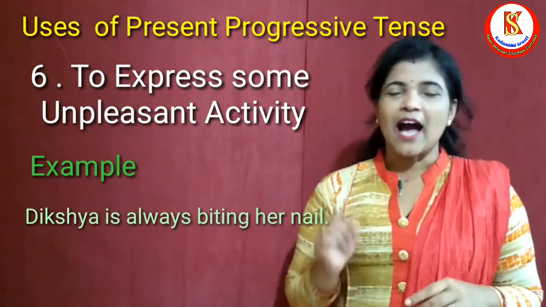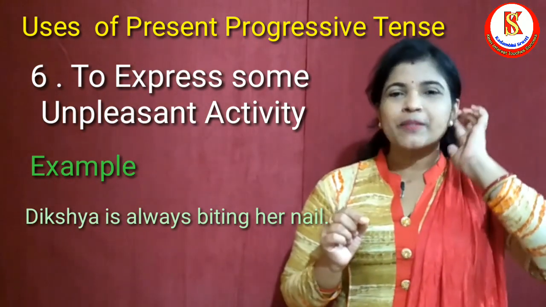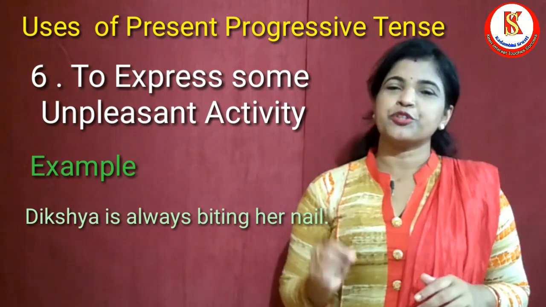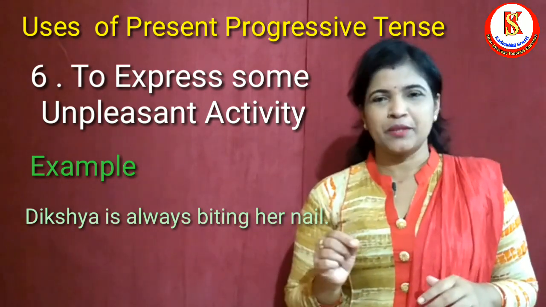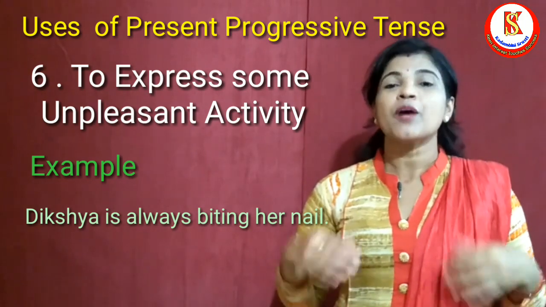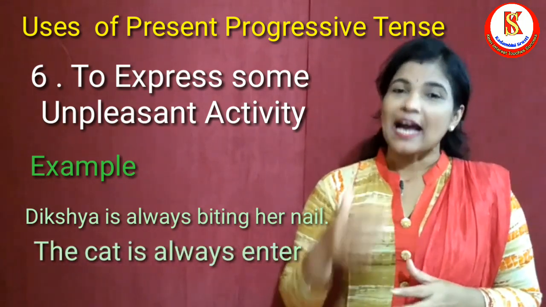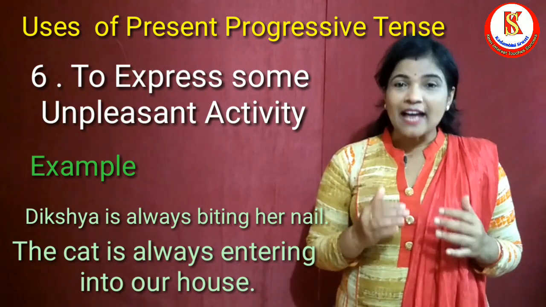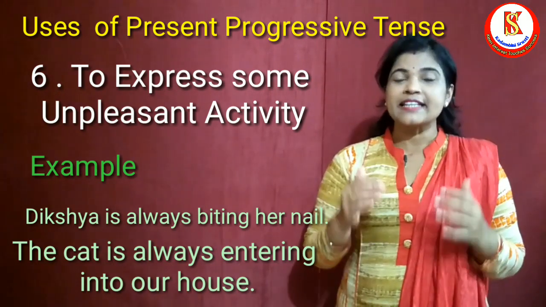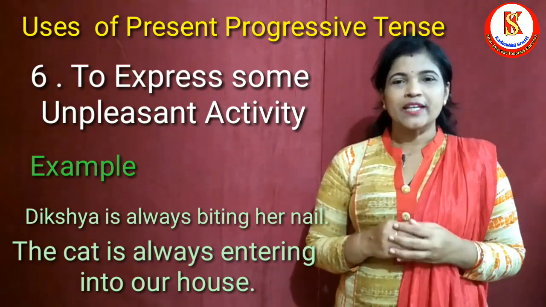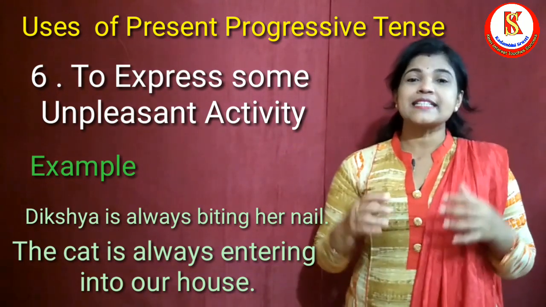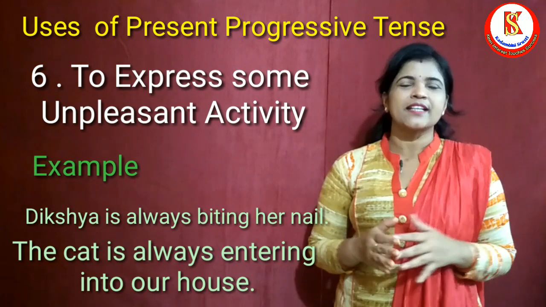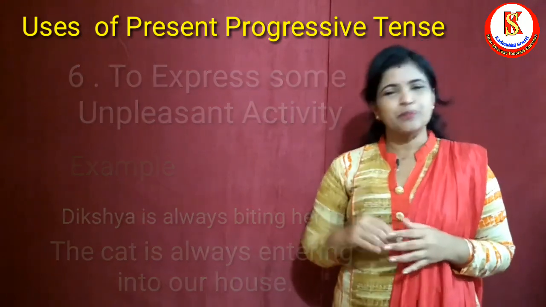But here, as the action is unpleasant, so here we have to use present progressive instead of present simple. That means it expresses some unpleasant action. Another example, the cat is always entering into our house. Okay, though it is a regular habit, but as it expresses something unpleasant, so here we use present progressive.